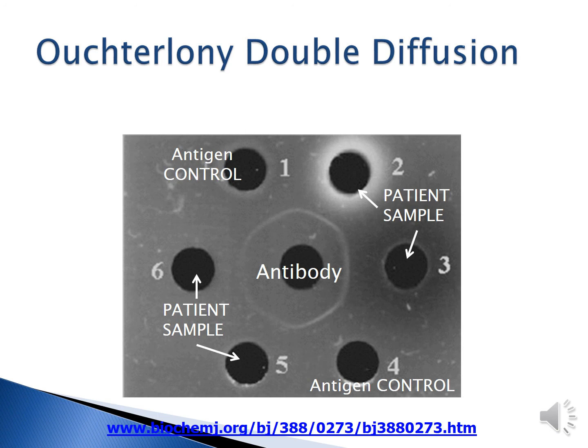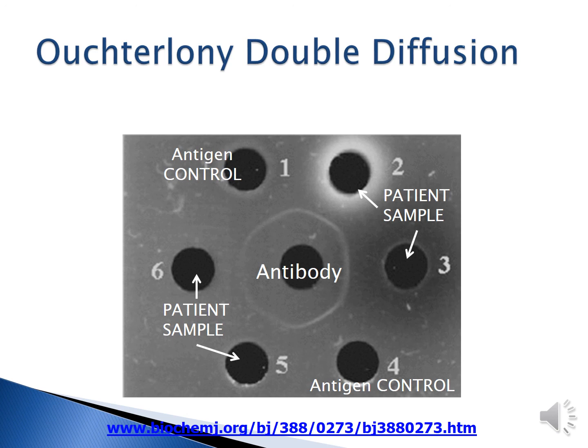So we're going to put our known antibodies in the center well, our known antigen controls in wells 1 and 4, and then we're going to add our unknown antigen, which is our patient samples, in wells 2, 3, 6, and 5.